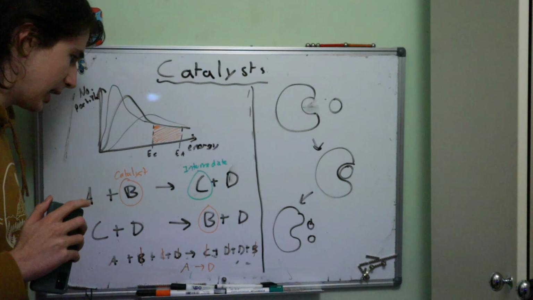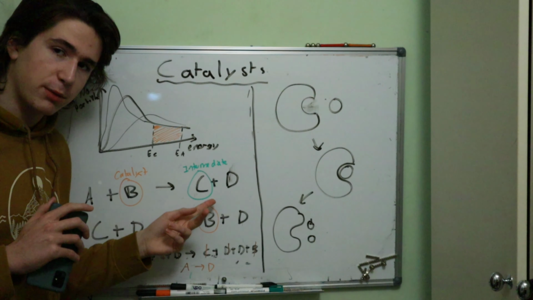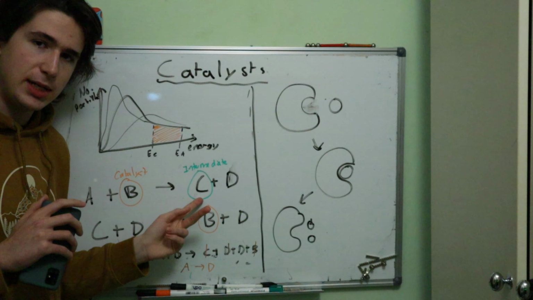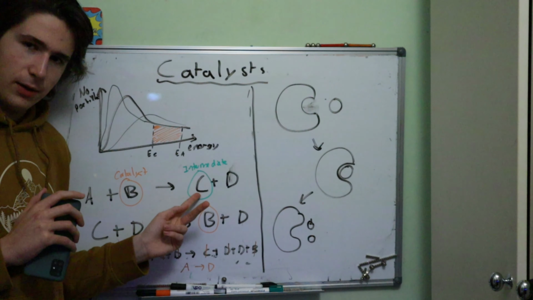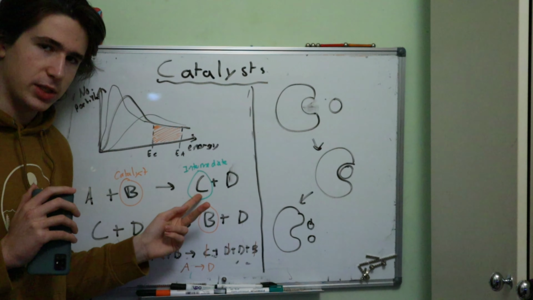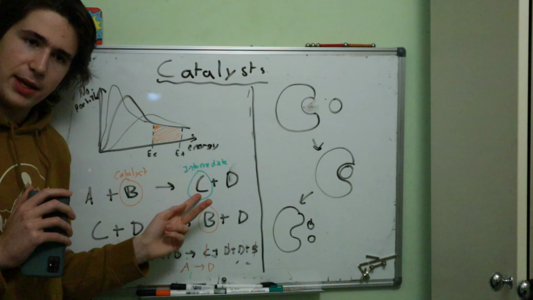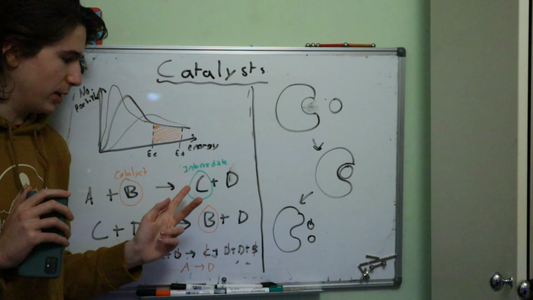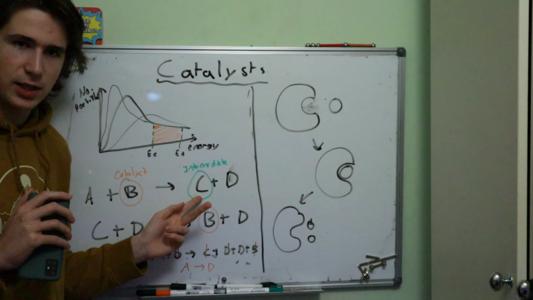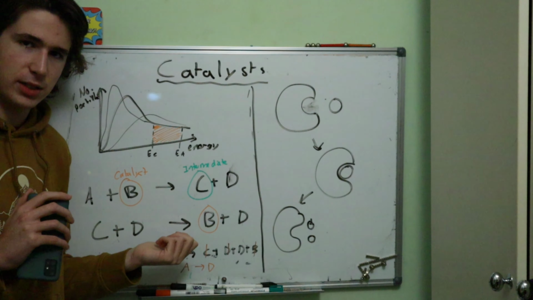This arrow takes you to the product, where you have the desired product, and also an intermediate. Intermediates are the opposite of catalysts, as you will see in a minute, because intermediates are created and then used up, while catalysts are used up and then regenerated.